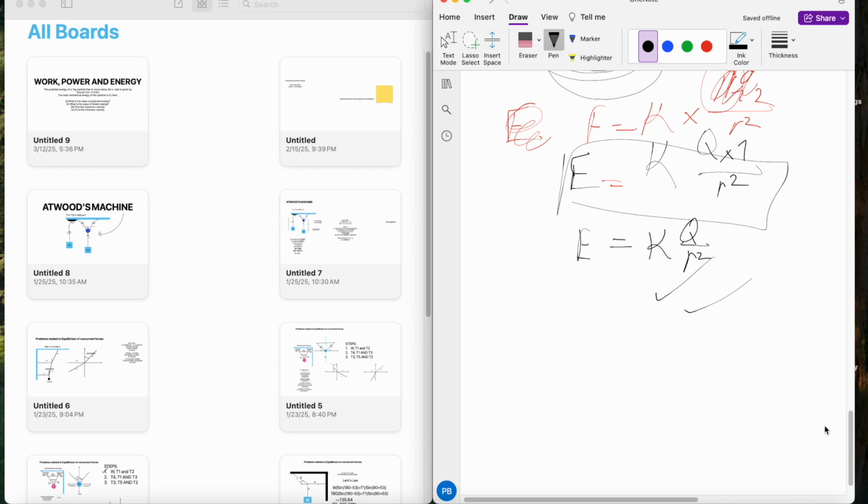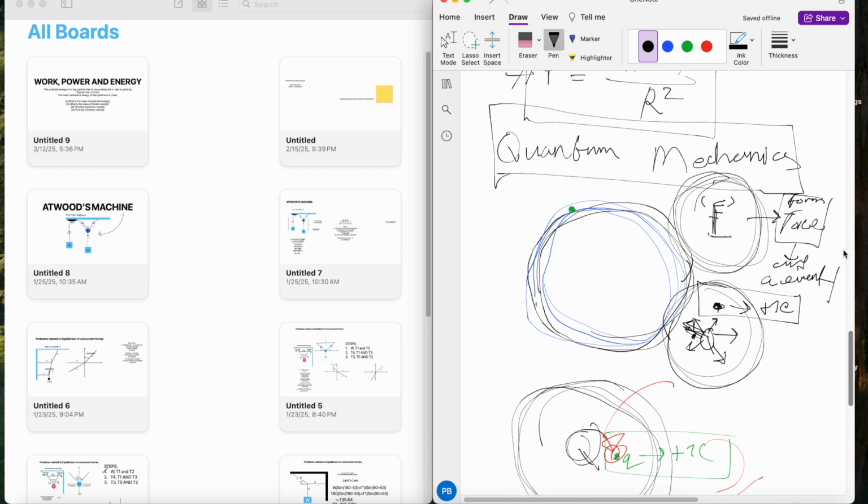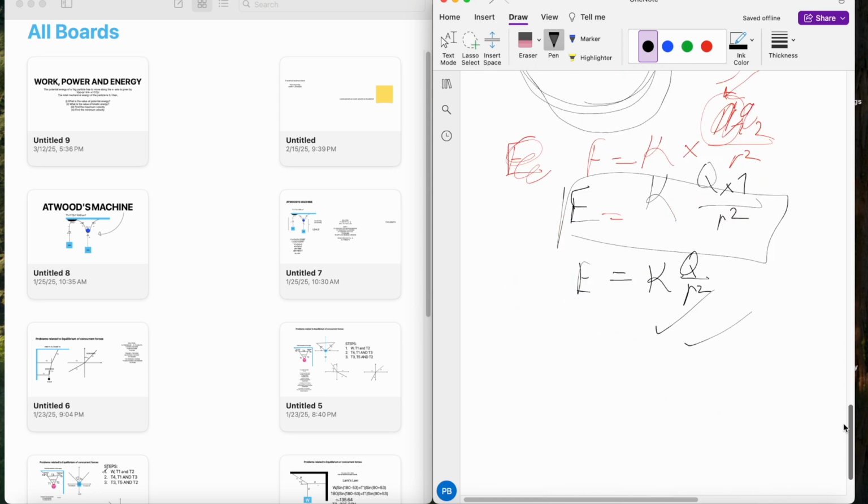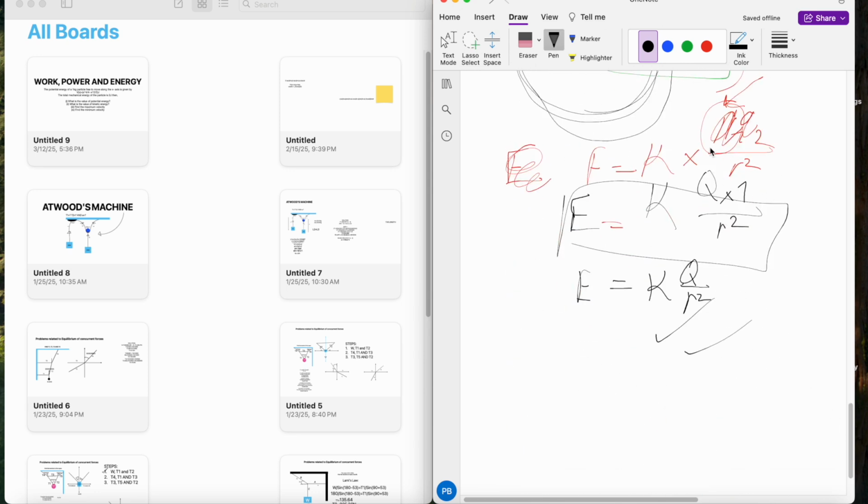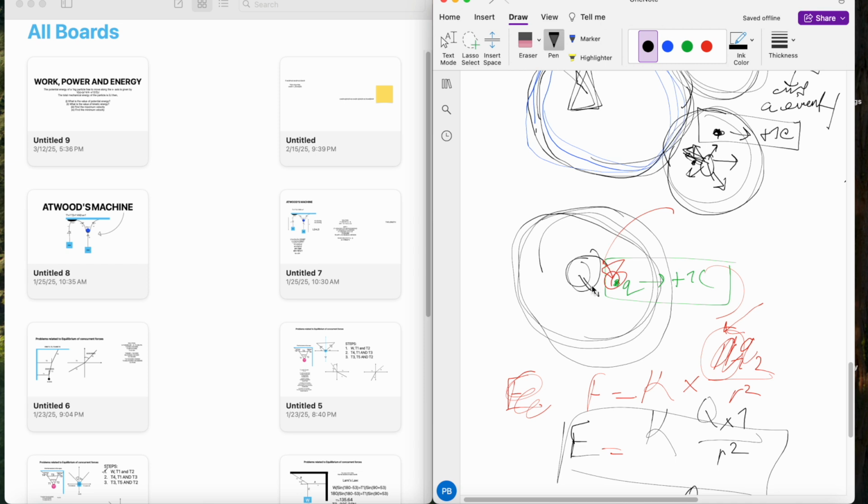But in galaxy, this consists of mass. In quantum mechanics, these particles are calculated via charge because they consist of very small, very negligible mass.